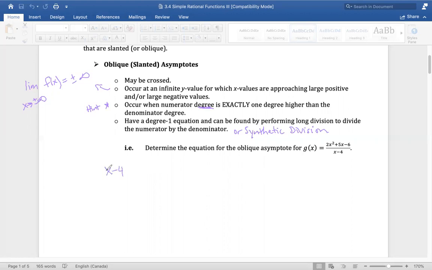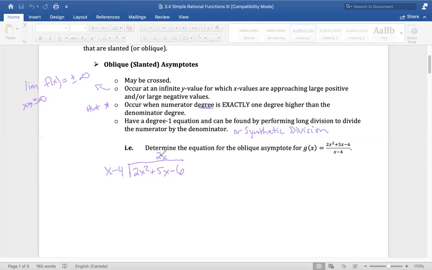My divisor, x subtract 4, goes out in front, divided into 2x squared plus 5x minus 6. We're always looking at 2 terms at a time. So x multiplied by what is going to get me 2x squared? x multiplied by 2x, so you put that above here.